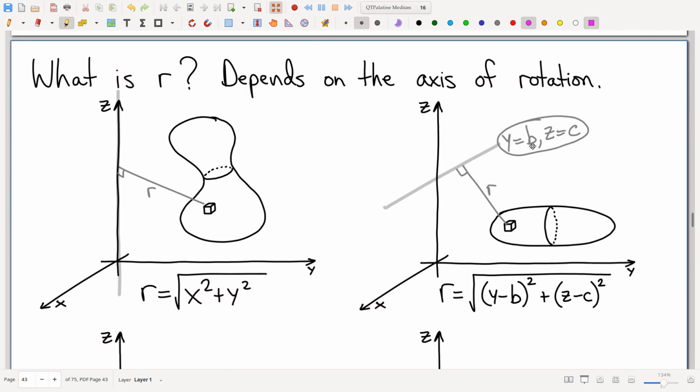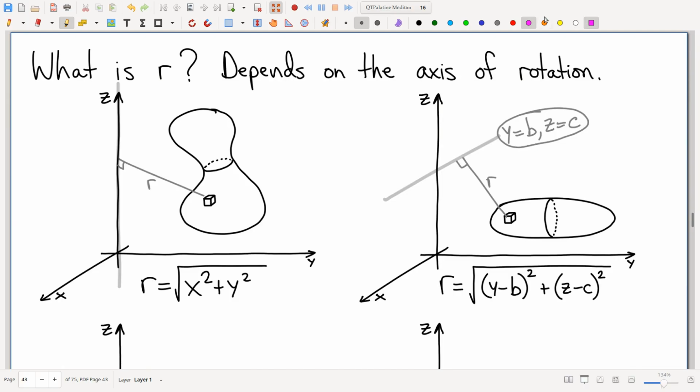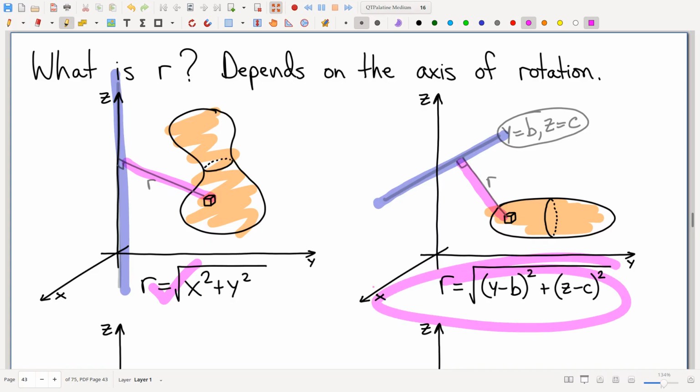So a couple of quickie examples. Let's suppose you have a mass that's rotating around, let's say, the z-axis. Well, then, yeah, that's good old cylindrical R. But if your mass is rotating around that axis, what we're calling R here, the distance from some little piece of mass to that axis, well, it's not the cylindrical R. You can see right there in the picture.